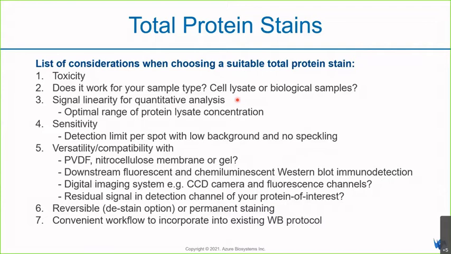How it works is normally these protein stains will give you an optimal range of protein lysate concentration. Let's say total protein stain A has an optimal range between 1 to 50 microgram. Then that will be suitable for your protocol if your protein load lies within that range.